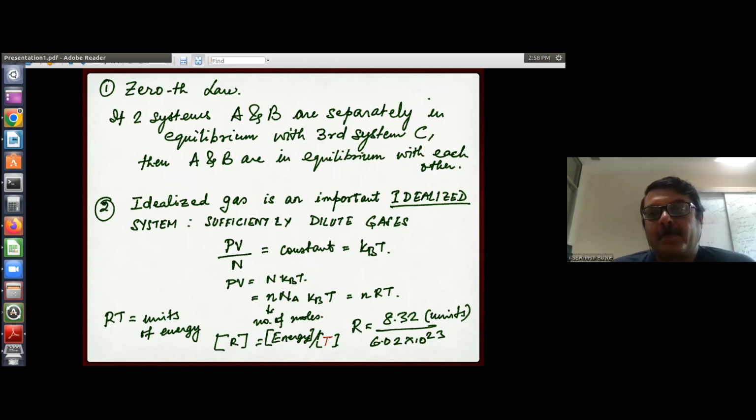Now, different people can come up with different mercury columns in a mercury thermometer, and say that if the mercury expands by this much, this is the temperature, right?